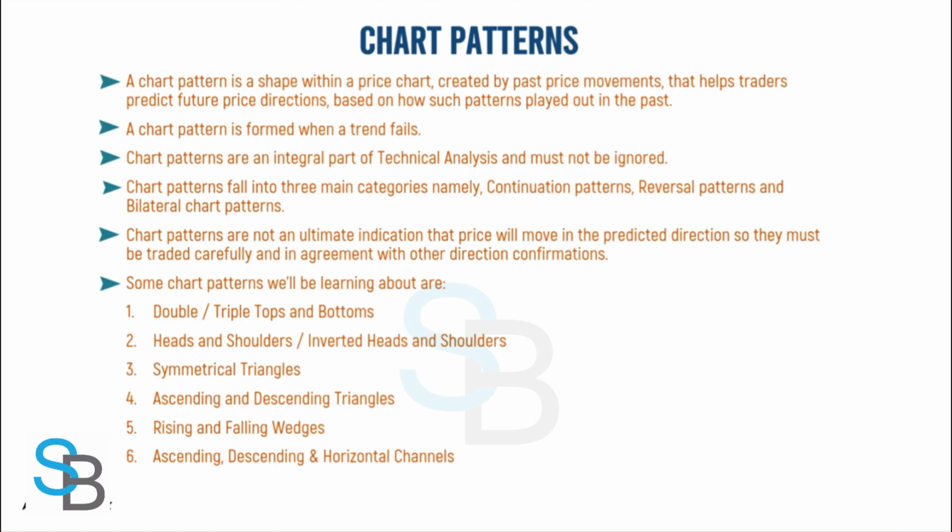Chart patterns fall into three main categories: continuation chart patterns, reversal chart patterns, and bilateral chart patterns. Continuation chart patterns give us an idea that the trend of the market is going to continue after they happen, while reversal chart patterns tell us that there is a possible reversal in the direction of the trend after they occur.